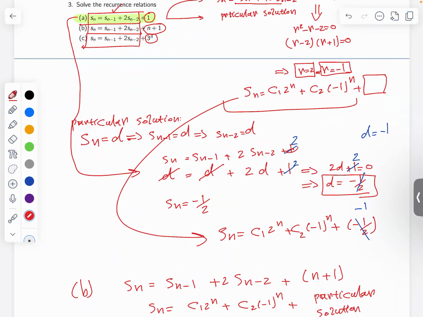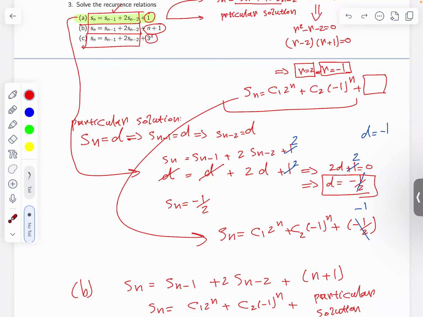She thought that whether this one is 1 or 2, D will always be minus half. But in the calculation of D, 2D plus 1, if this one was 2, the D would change. D would be different.